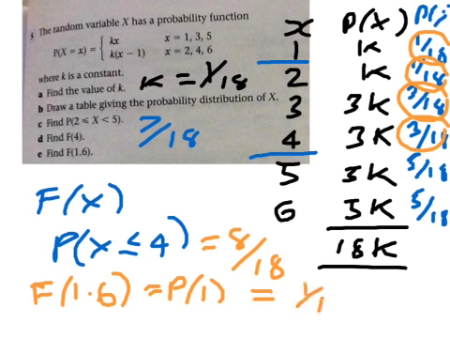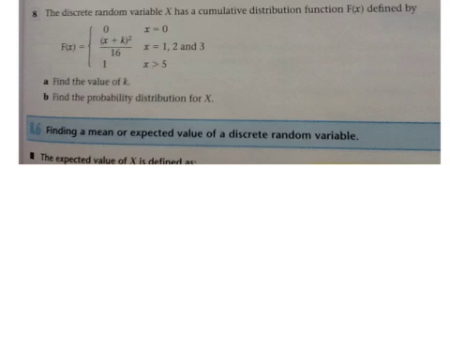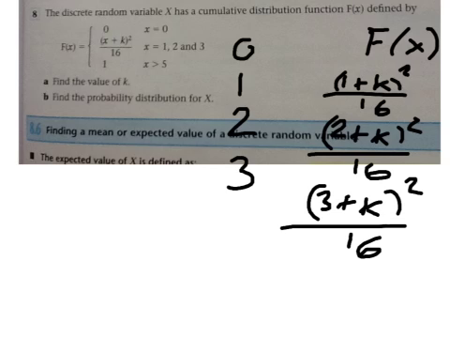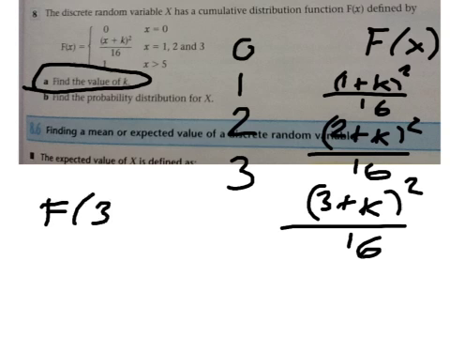So we've been given the cumulative distribution function that enables us to work out the probabilities. I'm going to start off by writing down the values of x and then the values of F of x. Now the trick to getting k, which is quite different from how you found it before, is to take the fact that F of your last number, F of 3, is going to equal 1.